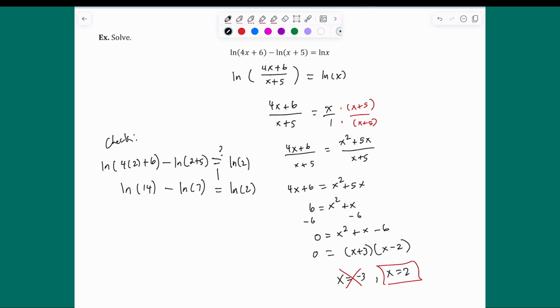Okay, and so, well, yes, it does, because when you have a difference of logarithms of the same base, and here is base e, we would have ln of 14 over 7, which gives us ln of 2, and you could see that ln of 2 equals ln of 2.